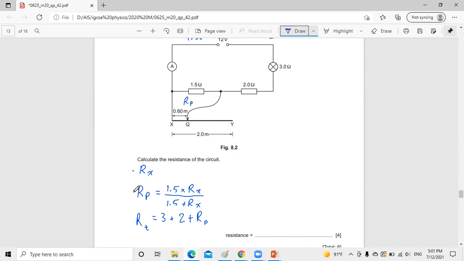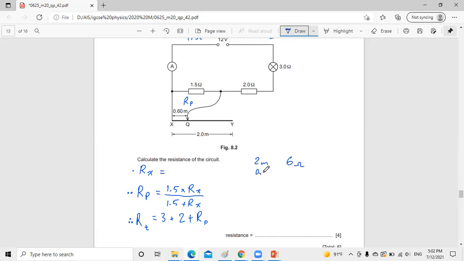That's why this question has 4 marks. It actually has 3 different steps: this step has 2 marks, this step 1 mark, and this step 1 mark to get the 4 marks. How can we find Rx? Because they said it's a uniform cross-section area, we will do cross multiplication. We know that 2 meter long is 6 ohm resistance.